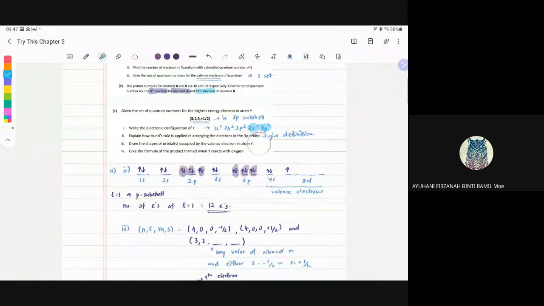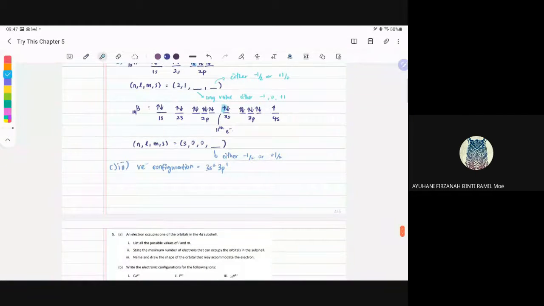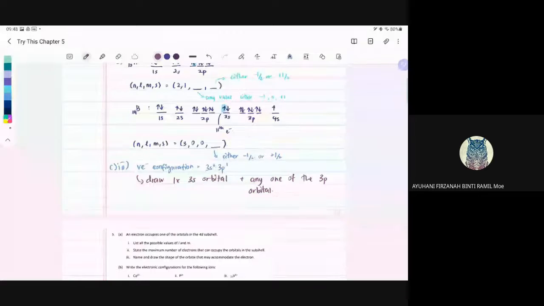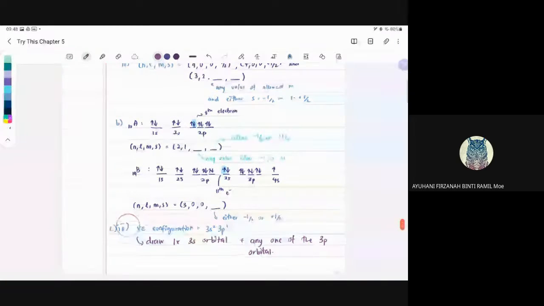So draw the shape of orbitals occupied. So we need to draw the orbitals. Draw the 3s orbital. Only one, because the 3s orbital has 2 electrons in the same orbital. And any one of the 3p orbitals. So you must draw any one of the 3p orbitals. Okay, so that is question C3.